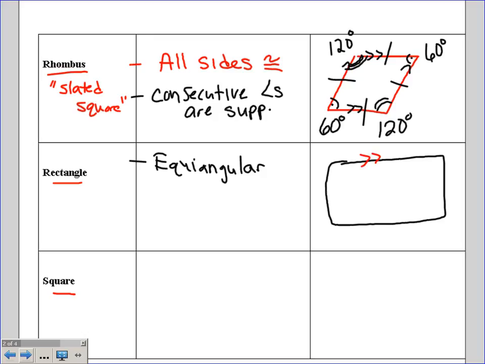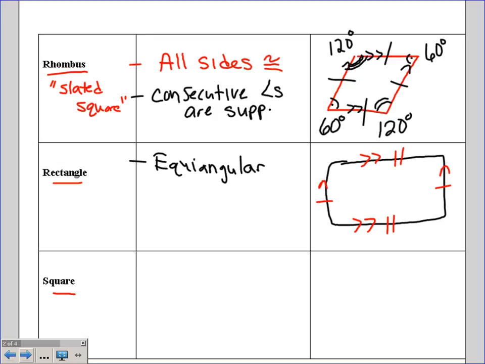Opposite sides are parallel, right? So that looks like this. If all four of them had two, then it would have to look like this. That's the only way all four sides are parallel. Opposite sides are parallel. Opposite sides are congruent, so that's like this and like this.